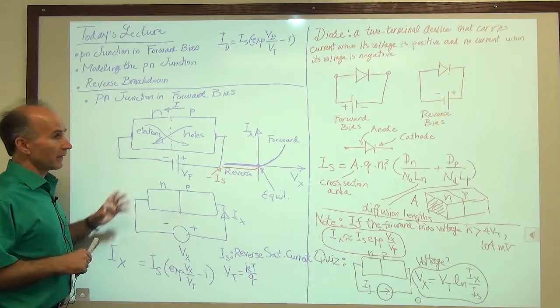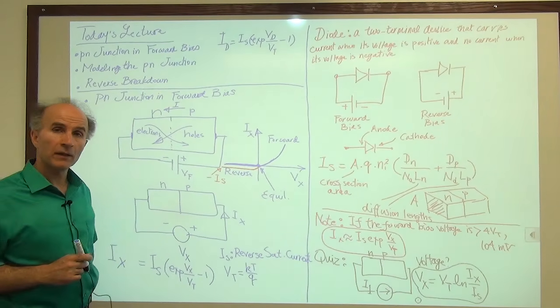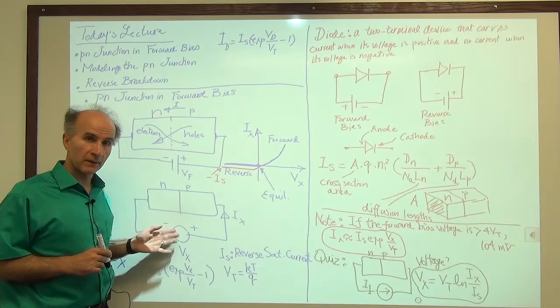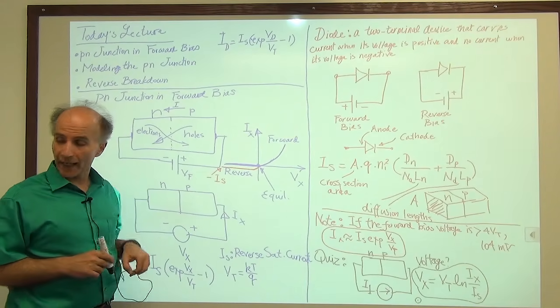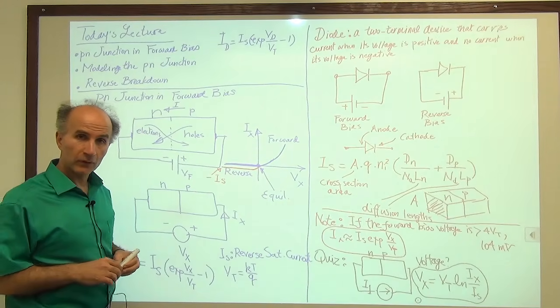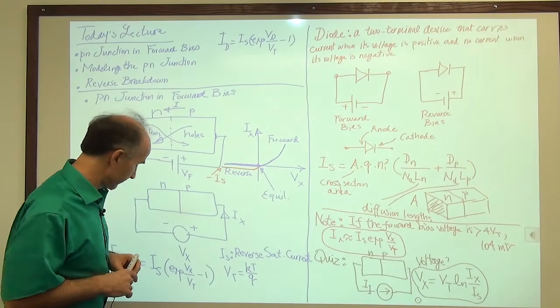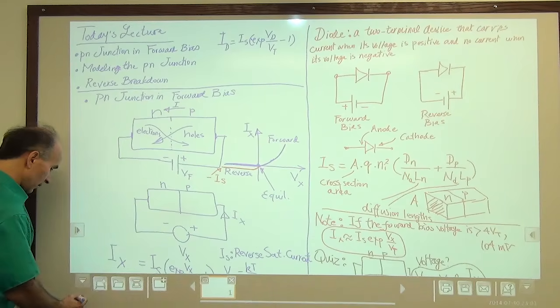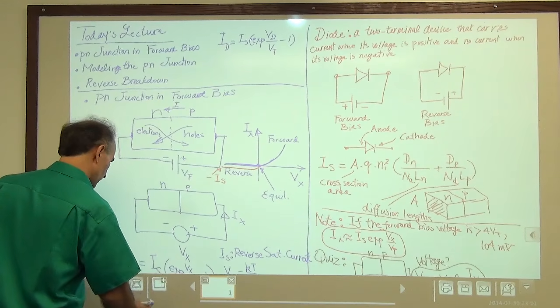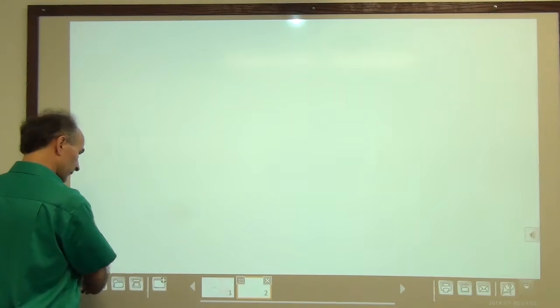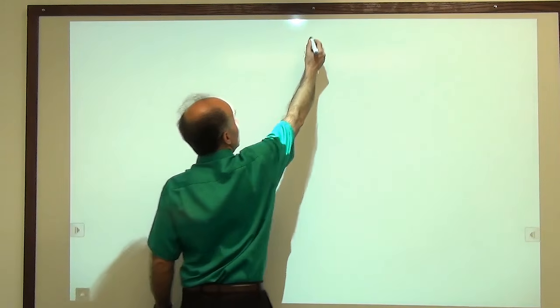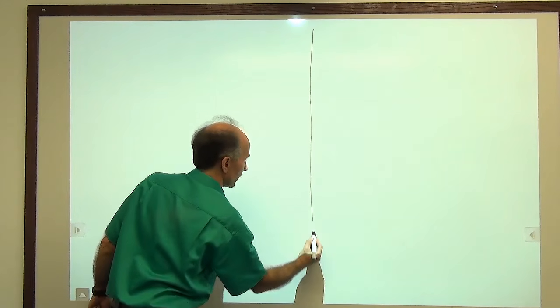Okay, now that we have a good handle on the Pn junction in forward bias, or a diode in forward bias, we can look at an example just to get comfortable with some numbers. So let me add a page here, and we will see a simple example.